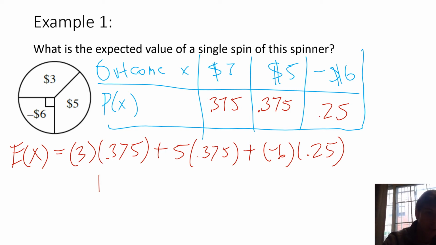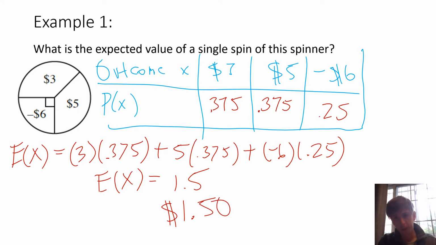And I get 1.5. So what this means, if we got $1.50, is that for a single spin of this spinner, we're expected to win $1.50.